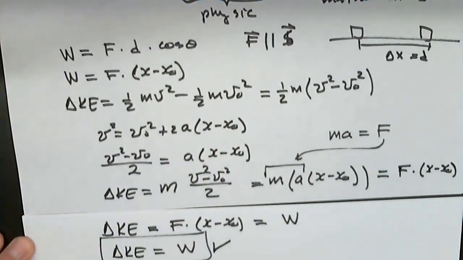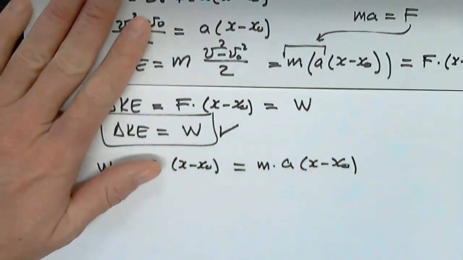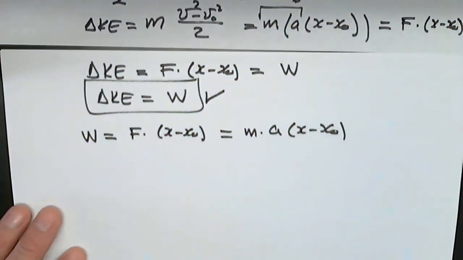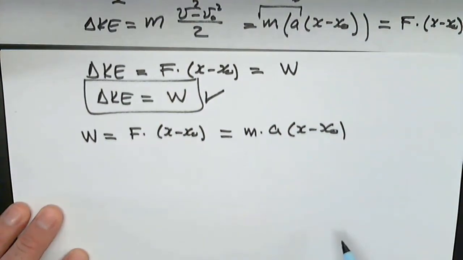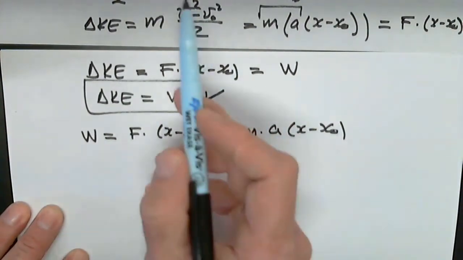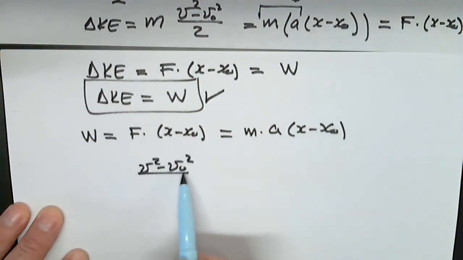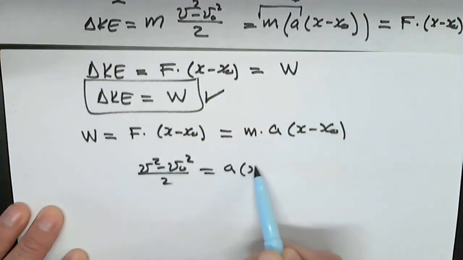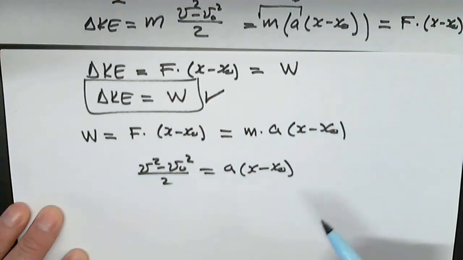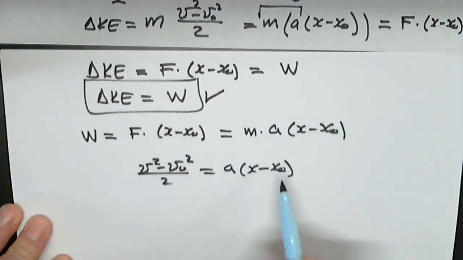You could do it the other way, from left to right. Work is force times the distance. Force is mass times acceleration. And you use the same thing, you use v squared minus v naught squared from this kinematic equation. So this is the kinematic equation.